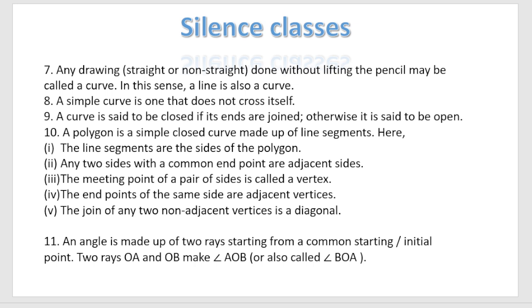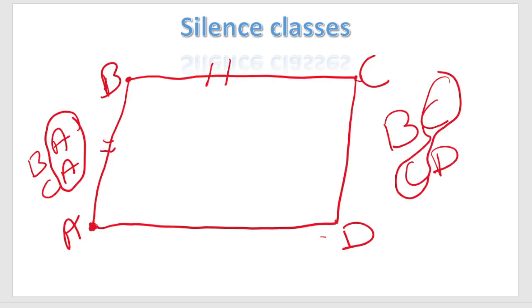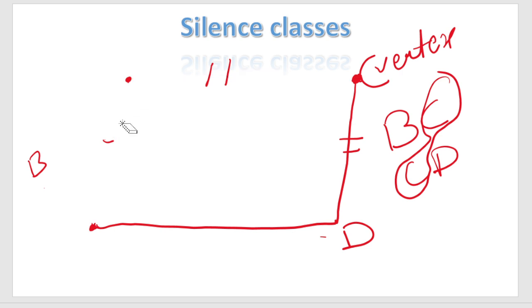Okay, now the meeting point of a pair of sides is called a vertex. It is the meeting point. These are the adjacent sides, and this meeting point is known as a vertex. How many vertices are there in this? Let's check it out.